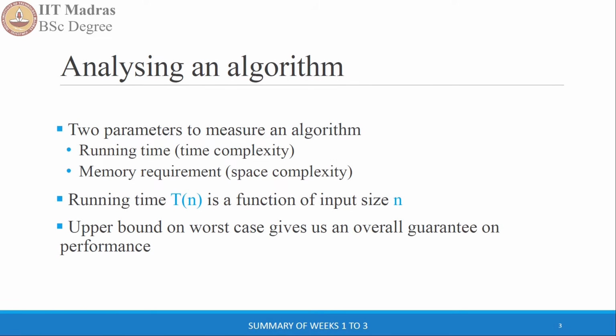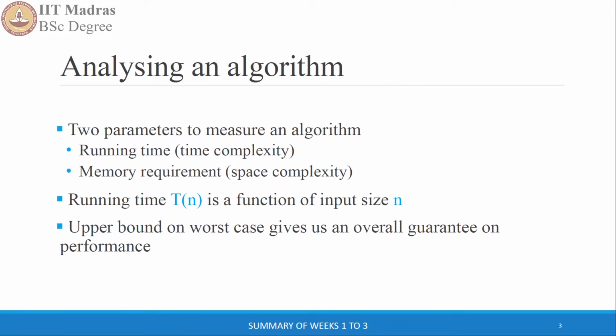Moving to the next point, analyzing an algorithm. Analysis of an algorithm has two aspects, time and memory. Just now in the previous slide we saw how to calculate the running time of a program, and this running time is also referred to as time complexity, whereas the memory requirement is referred to as space complexity.